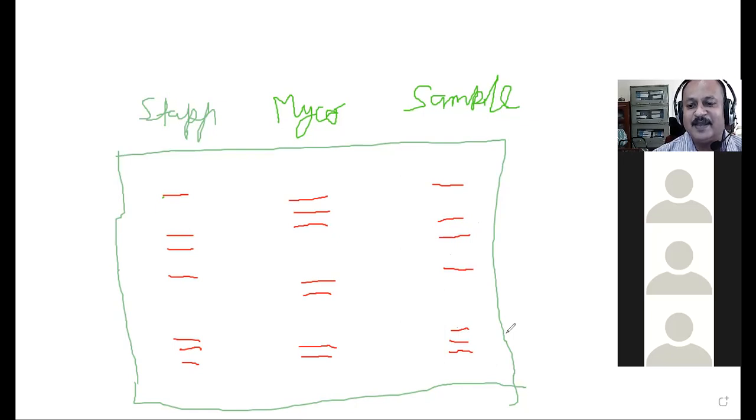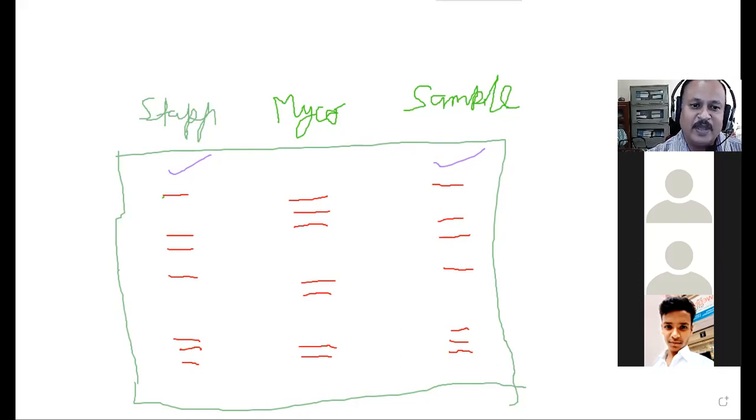Staphylo. Yeah. Okay. Staphylococcus. So this pattern, I'll just put a marking here. So this pattern and this pattern, they are identical. And that is how I can identify that the patient was suffering from a staphylococcal infection. Is it right? Yes, sir. Okay.